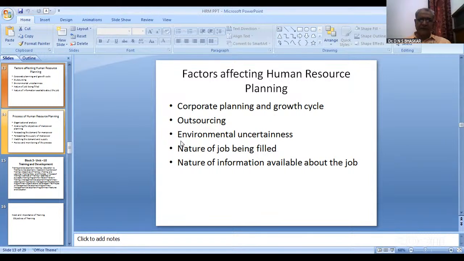So then environmental uncertainties are also there. Normally the environment changes every day, so the planning aspect also has to be changed. Absolutely, during the Corona period, we understood this.